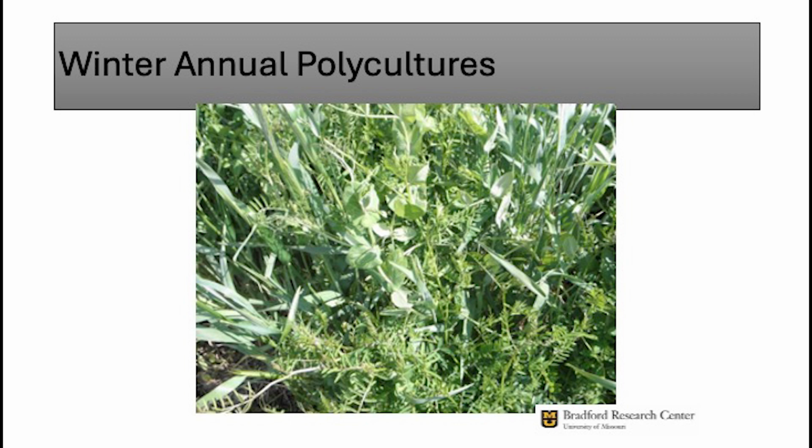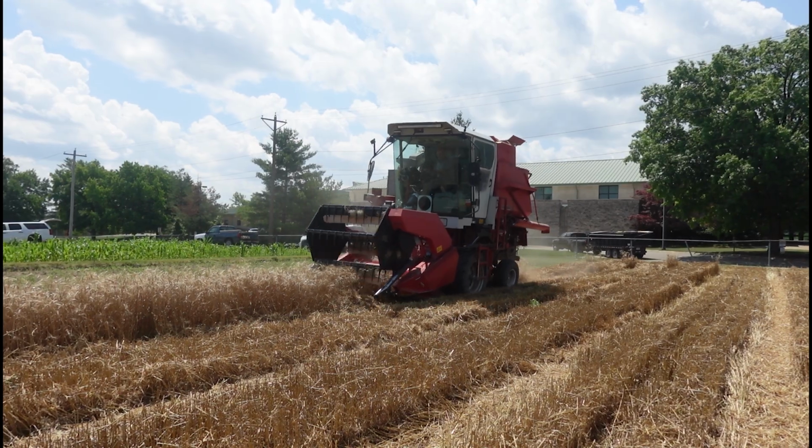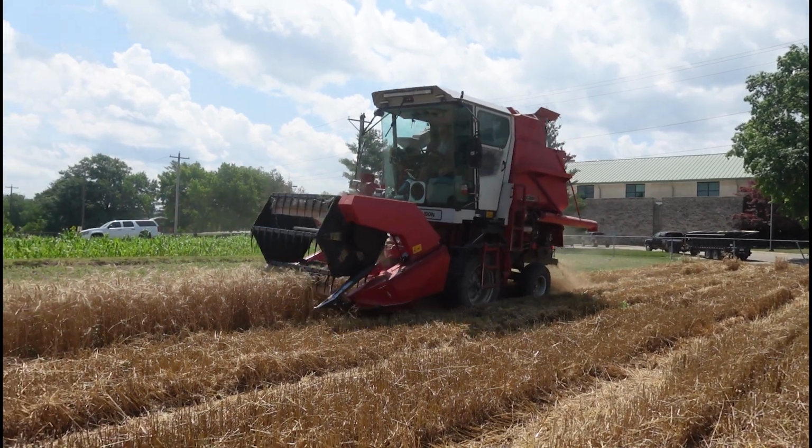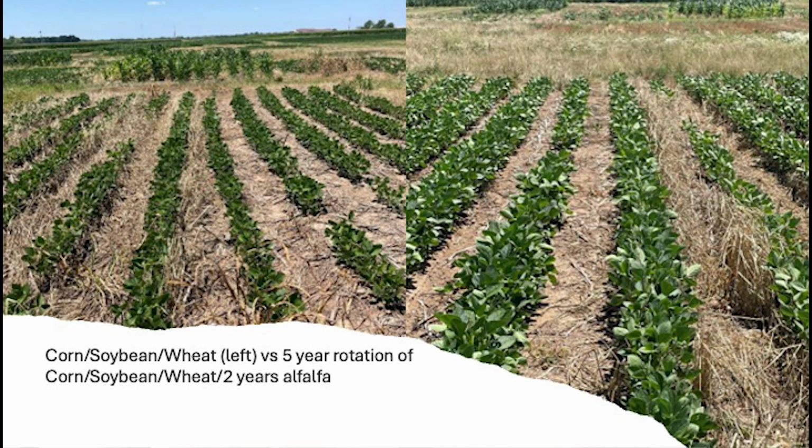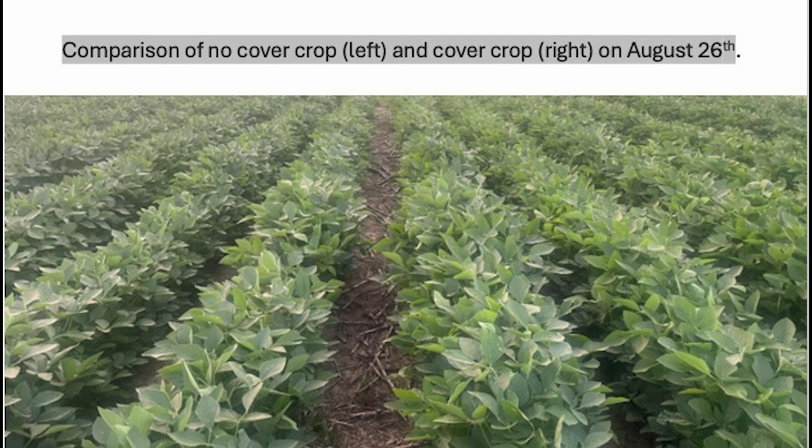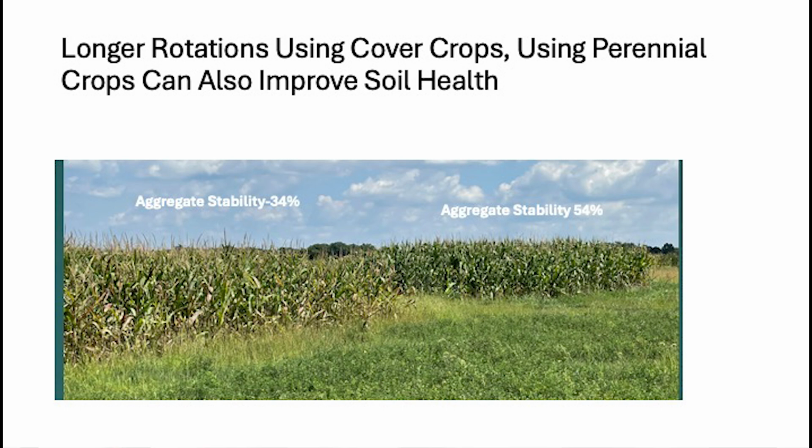That's why some of the work we found at Sanborn Field was that when we included wheat in the rotation, our soil biology levels were much higher. And we found the same thing in more recent studies when we included cover crops. So having something growing year-round helps feed the soil biology and improves our soil health in the meantime.